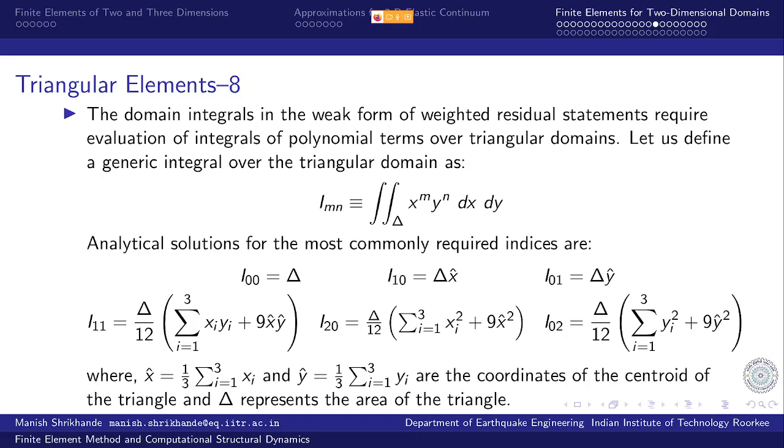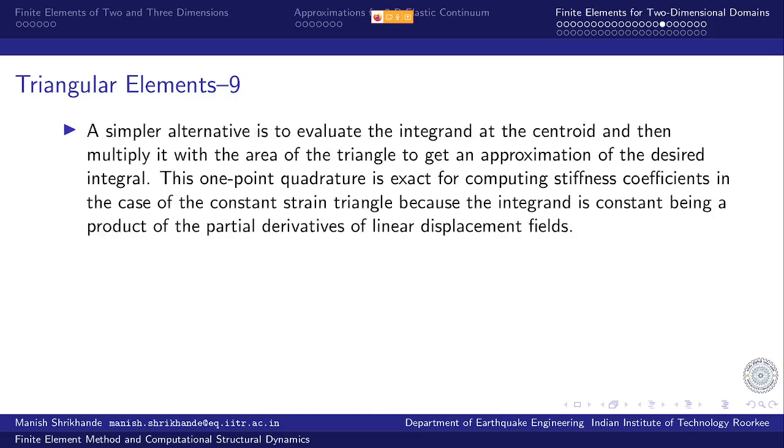So this is a very convenient way of evaluating the integrand, and once we are done with that, we have our algebraic equilibrium equation for the element domain, and the rest of the process carries forward in a similar fashion as we discussed for the one-dimensional element.